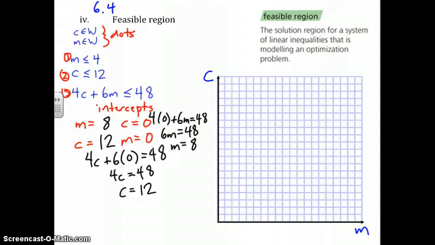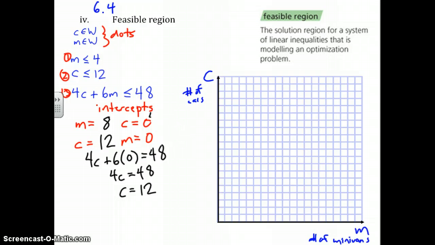You might want to note that this bottom one represents our number of minivans, and this one over here is our number of cars. At this point, I'm going to erase this stuff because it's going to get in the way.